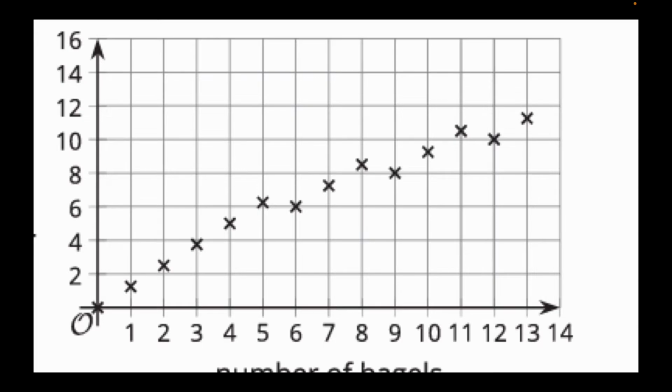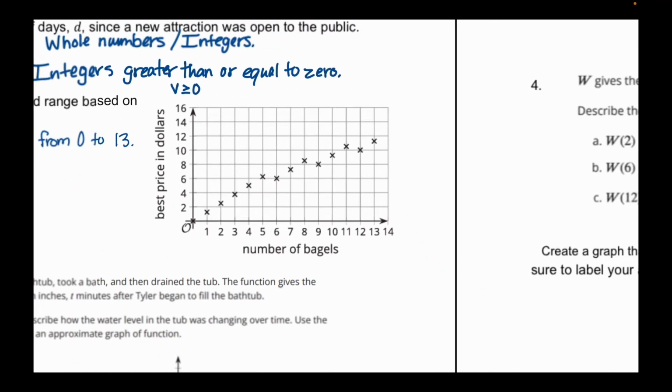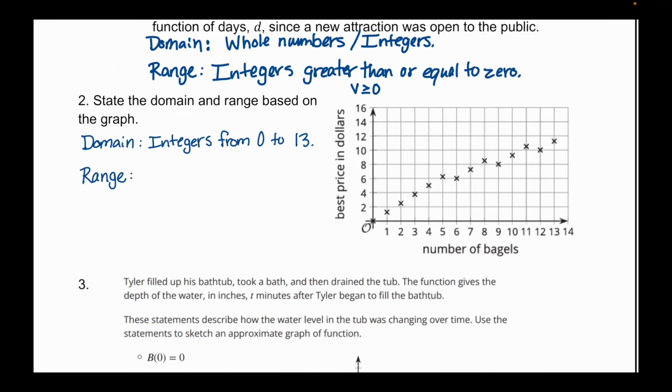That estimate is based on the fact that these on the left-hand side are going every 2, so that 11 is going to be about halfway, and the last x there looks like it's just above 11, but not quite 12. The 11 looks like it should be here, so maybe this is 11.50 or 11.25. Since we're not entirely sure, I'm going to use 11.50 because that is the maximum that's shown on this graph.